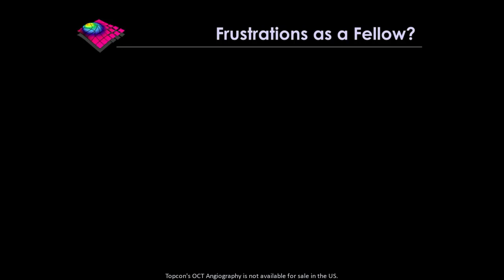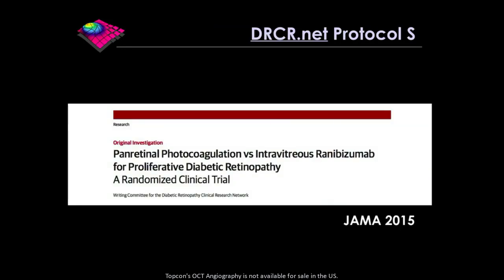And then I was very interested to see the results of studies like drcr.net, which looked at the use of anti-VEGF agents potentially for the treatment of proliferative diabetic retinopathy.